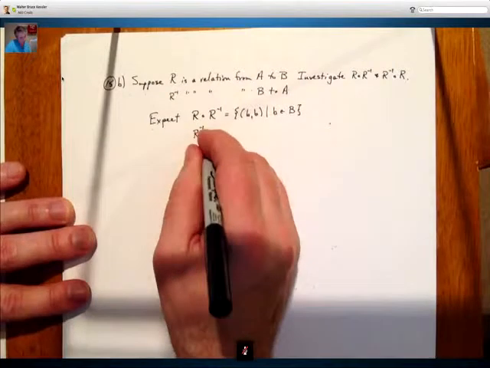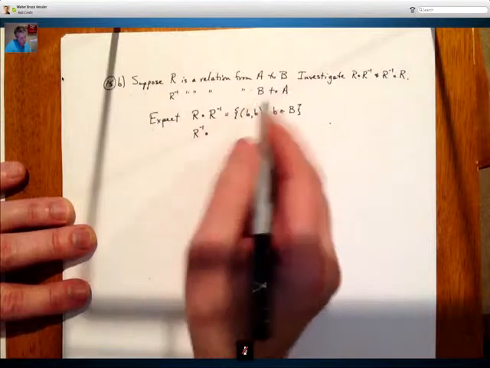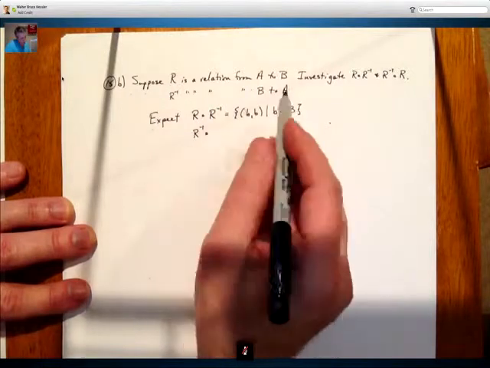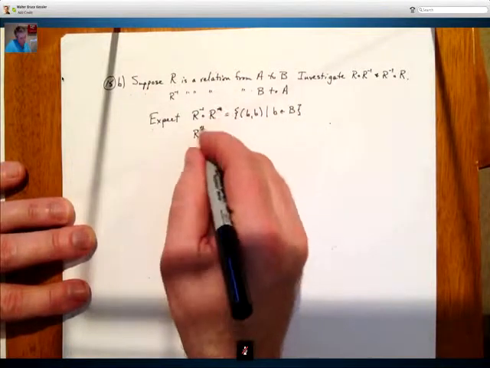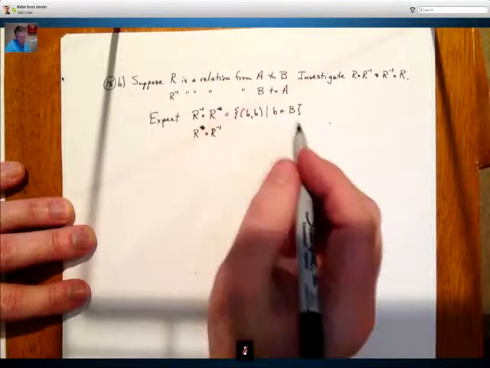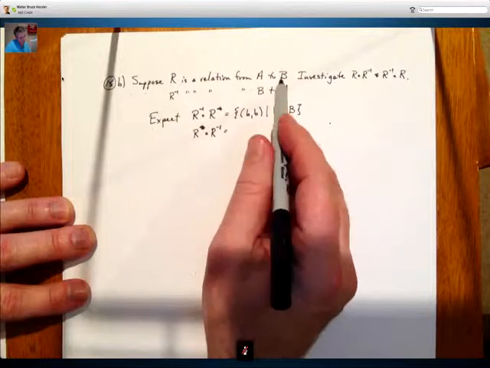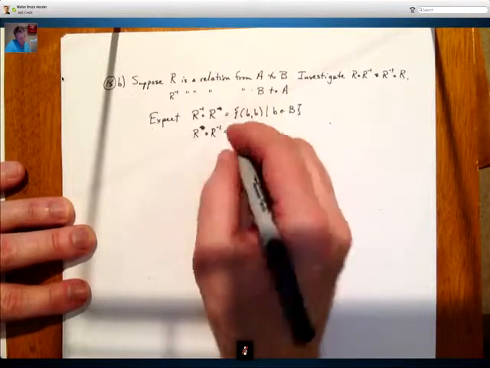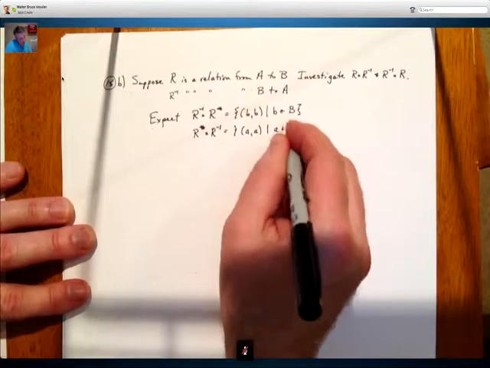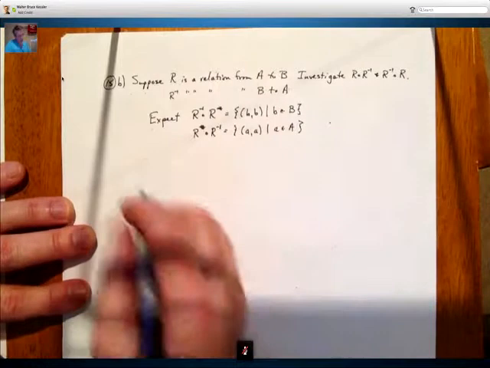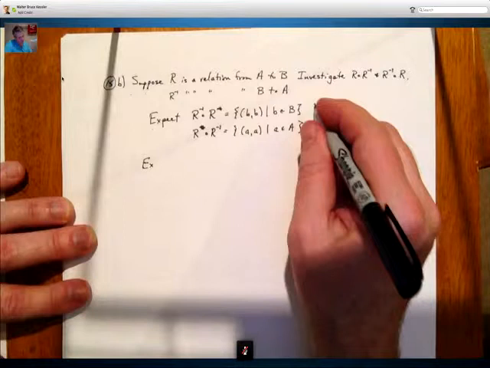And then vice versa, we'd expect to see R inverse starting, I did it backwards. R inverse starts with A, I'll just fix it like this. There we go. R inverse starts with A, goes to B, and then ends up in A. So this would be all (a, a)'s, where a is an element of A. However, that's not what happens. Let's look at an example.